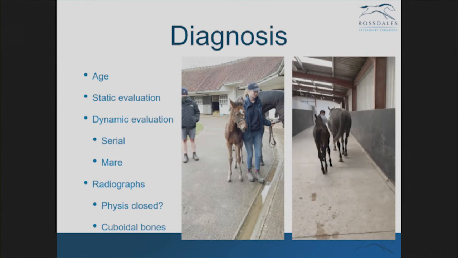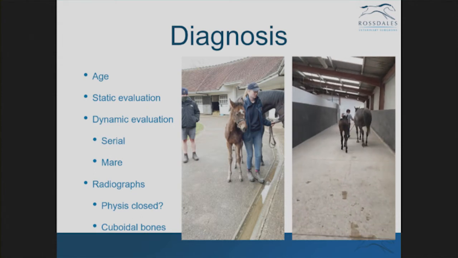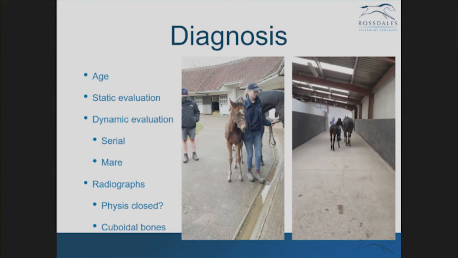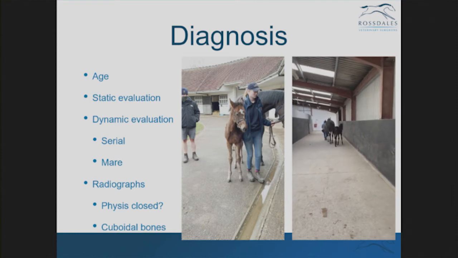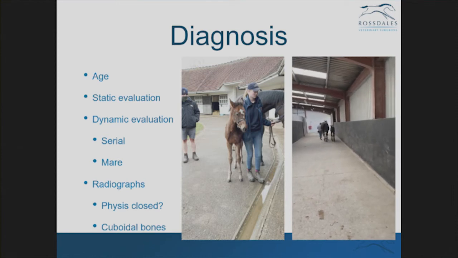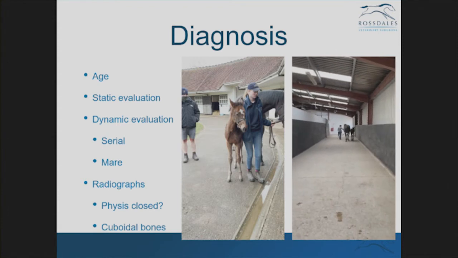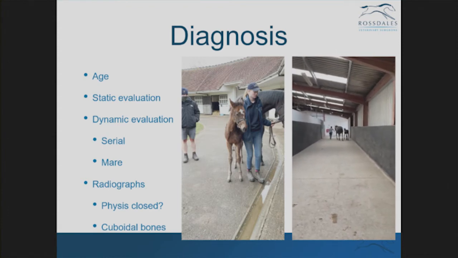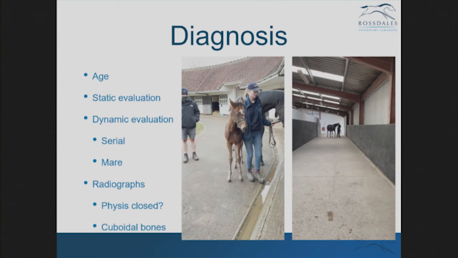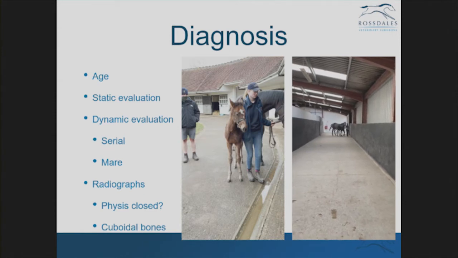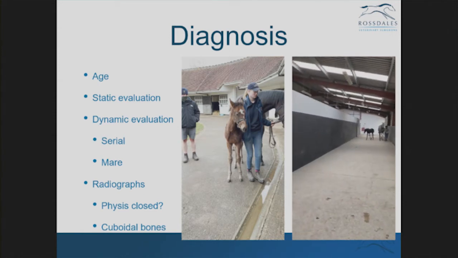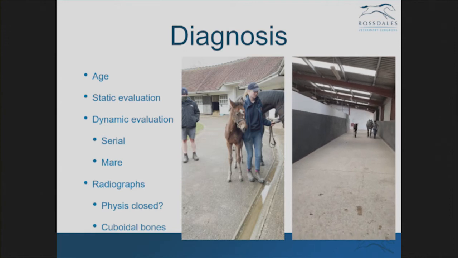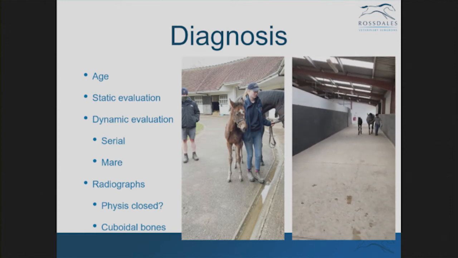This is another video of an 8-week-old foal with a more severe varus deviation of both its front fetlocks. Hopefully you can see as they walk towards you, and keep an eye on the mare as well if you can get a look at her. She's got a very similar conformation to her foal. And so I think you can begin to see the heritability aspect coming into the evaluation stage of these animals.